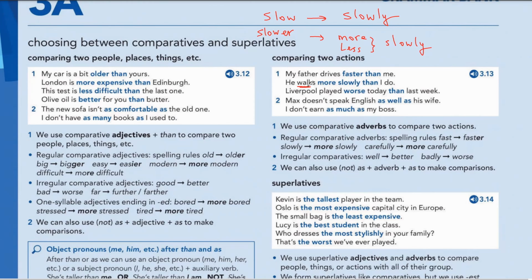He walks, action, more slowly than I do, than I walk. There are two walkings, my walking and his walking. I'm comparing them. That's why I'm using an adverb here, more slowly. Liverpool played, action, worse. This is irregular. Irregular comparatives: well becomes better. This is an adverb, well. Badly is an adverb. The comparative is worse.